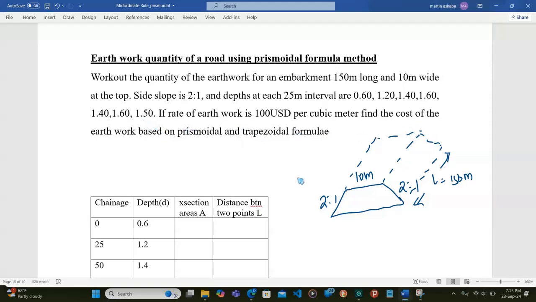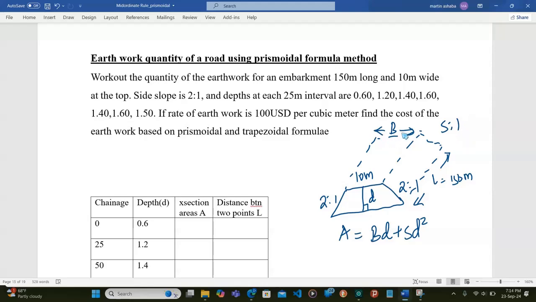Now, what do we need to do? We need to determine the areas. If we have a section like this, where this is depth D and this is width B, it is already known that area is always going to be BD plus SD squared, whereby S is slope.